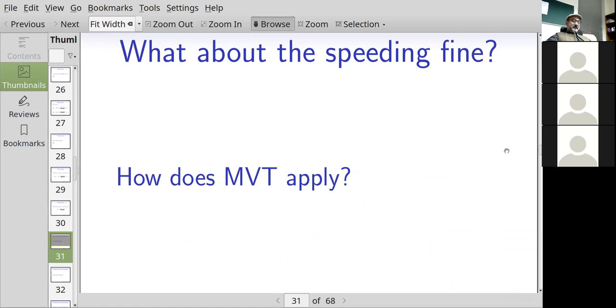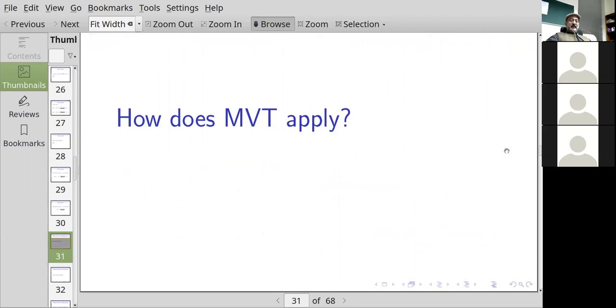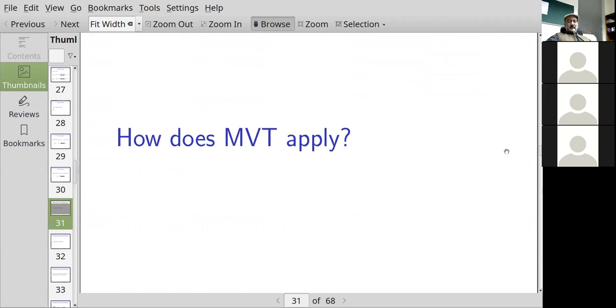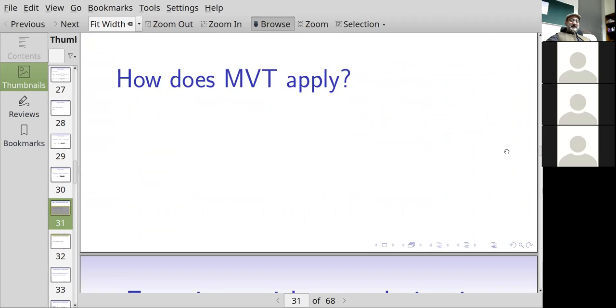So if we make the assumption that the distance is a continuous function of time, and in fact it's a differentiable function of time, then we can apply the mean value theorem, and then we can come to the conclusion that we actually ought to give you a fine.